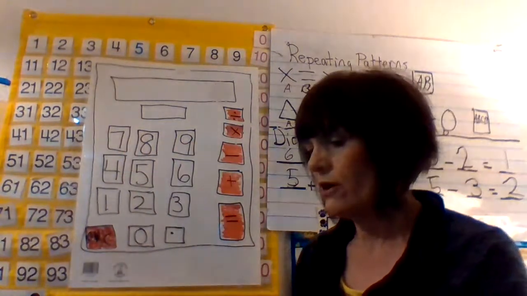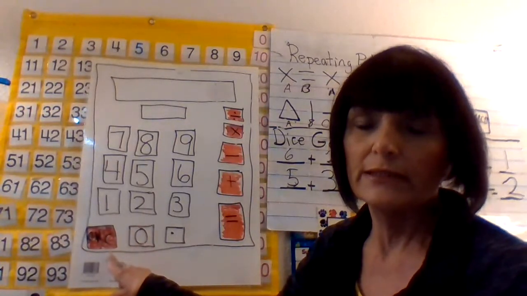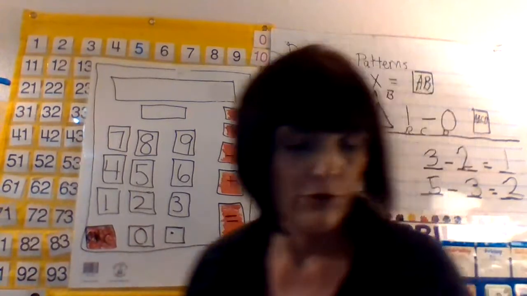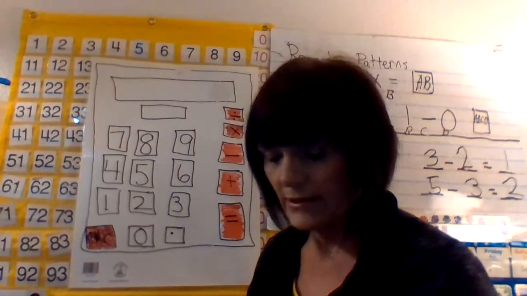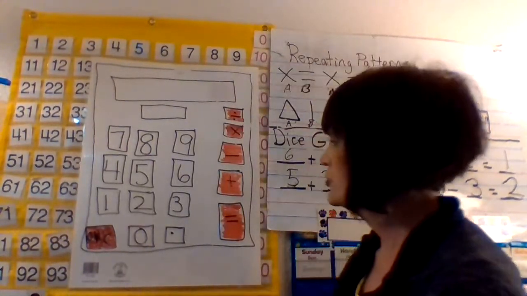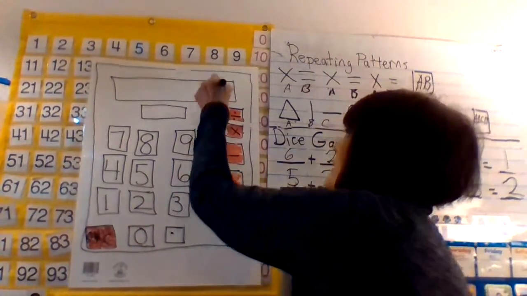All right, let me do on. I pushed that twice to clear it. All right, if you don't have a calculator and you're using a piece of paper or your whiteboard, good for you. I'm going to do it both ways. All right, we're going to add 2. So you should have a 0 in your display window right now.